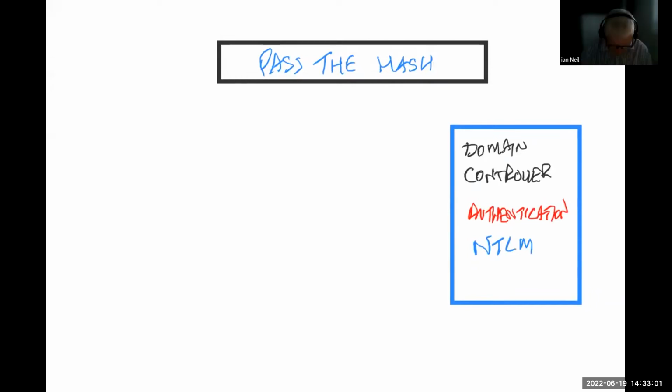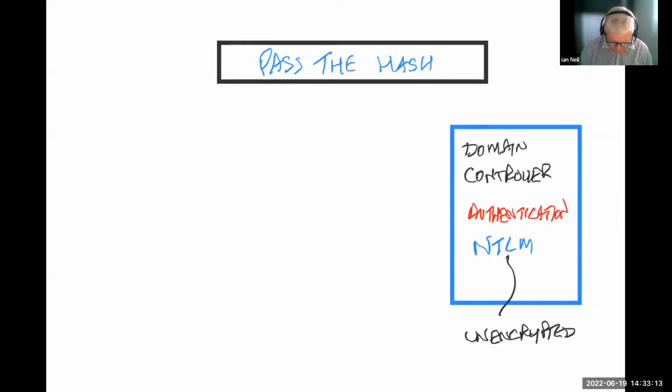And what do you know about NTLM? It's unencrypted. So therefore, if you've got a domain controller, this would be NT 4.0, and this would be about 1999. So you can see that they're still measuring something that's ancient.